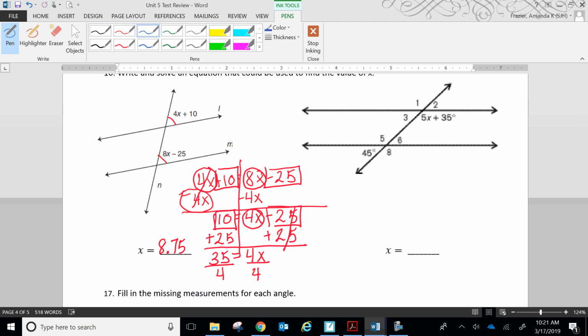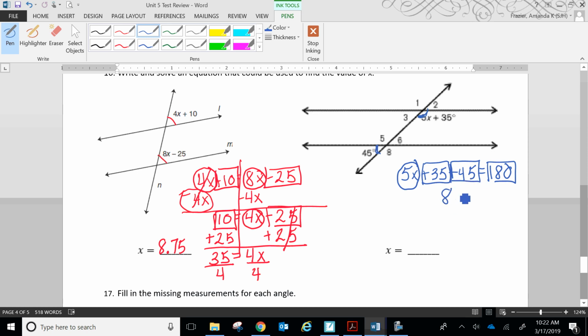Okay. Next example, I can see that 5x plus 35 and 45 degrees, these two angles are not the same size, meaning they're going to add up to equal 180. So 5x plus 35 plus 45 equals 180. I'm going to circle my variable, put boxes around all my constants. Since these two constants are on the same side, 35 plus 45 is 80.